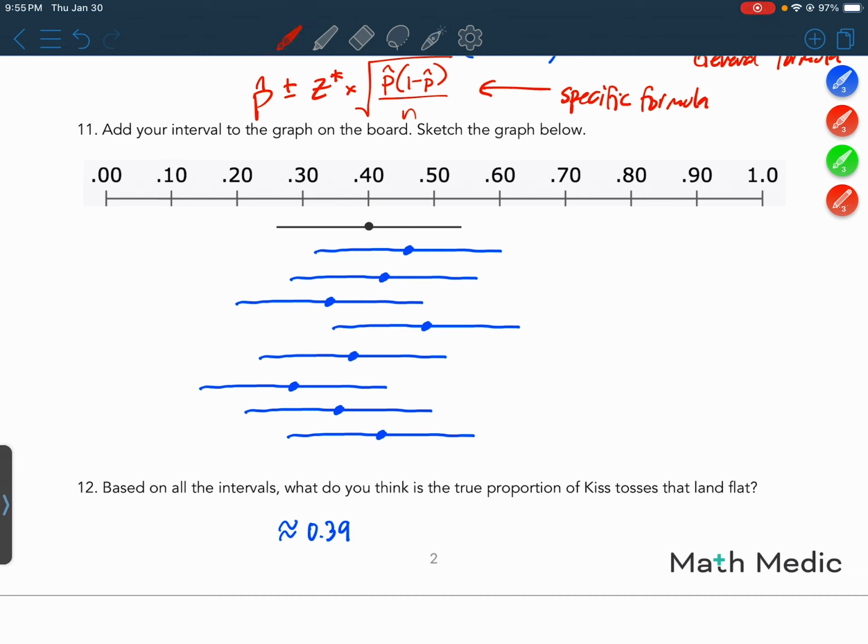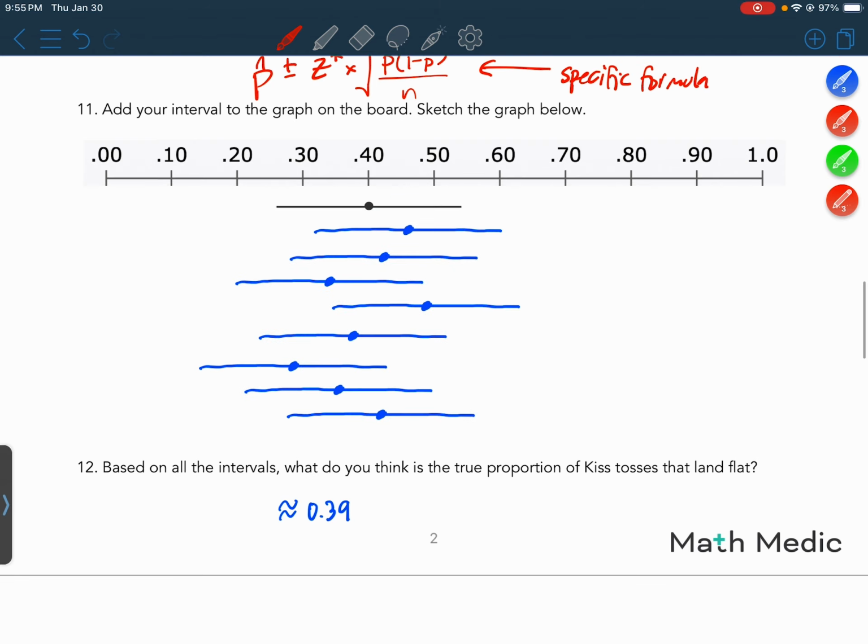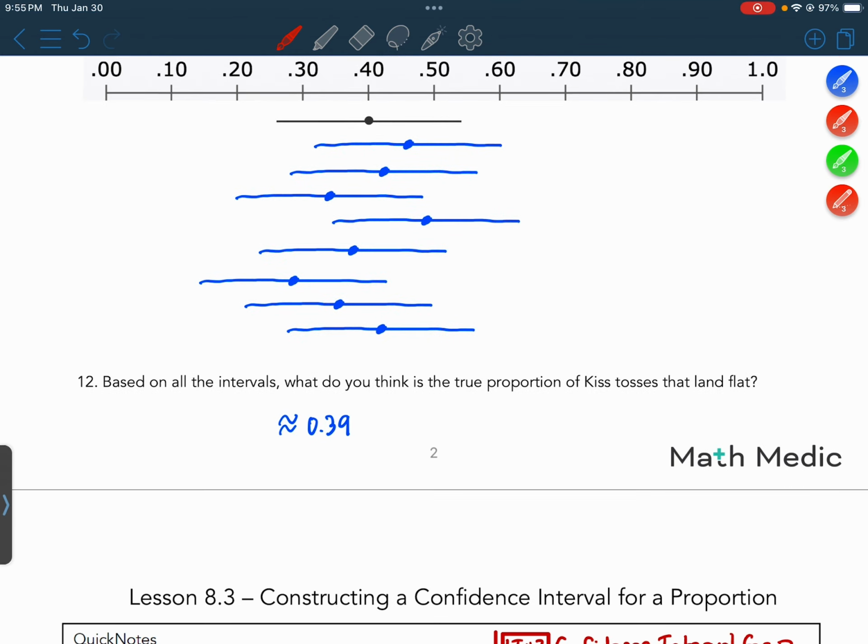We don't really know. We'll never know the truth. There's no way that I could figure out what the true proportion of Hershey Kisses tosses that would land flat. I can't toss the whole population. So we'll never know the truth. We'll have a guess, we'll have an estimate, but that estimate is not the truth.